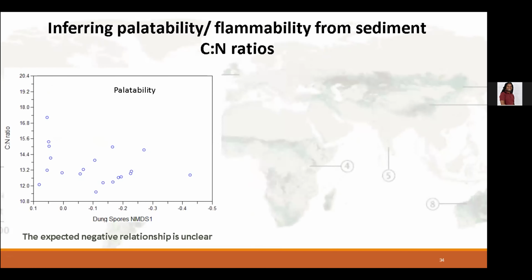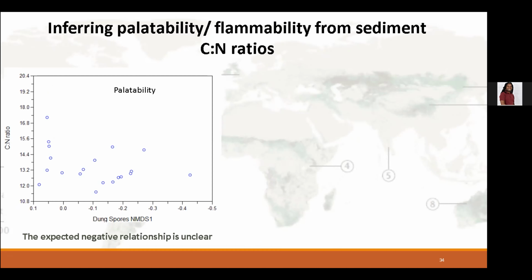When you look at the CN ratios, what we do find is that we didn't get the negative relationship that we expect, because we expect that the more herbivores there are, they'll actually reduce grass size, and reduction of grass size means that there's less carbon, and less carbon will change the ratio.